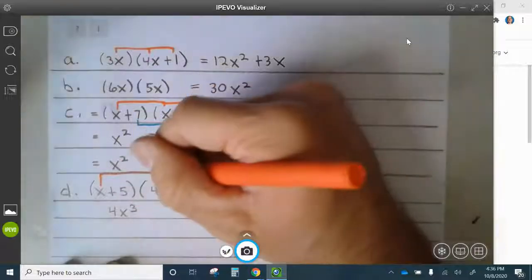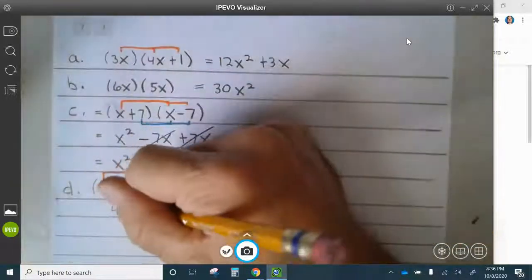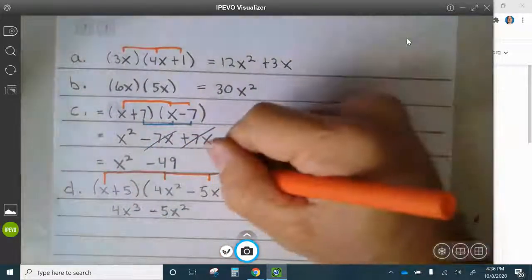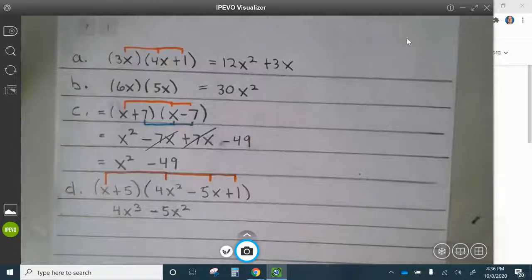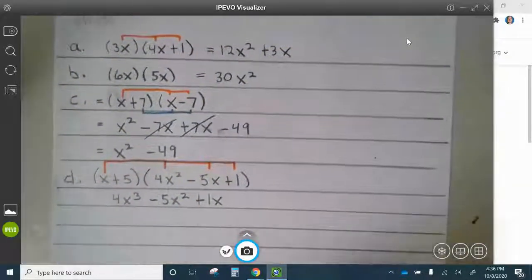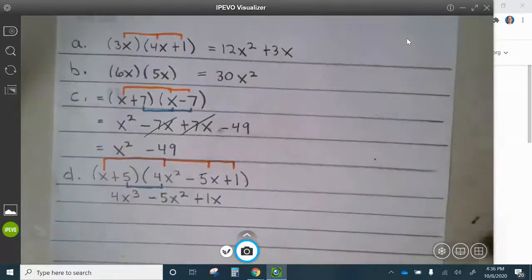Okay. Now we're going to multiply 5 times 4x squared. So that's plus 20x squared. 5 times negative 5x, which is negative 25x. And 5 times 1, which is plus 5.